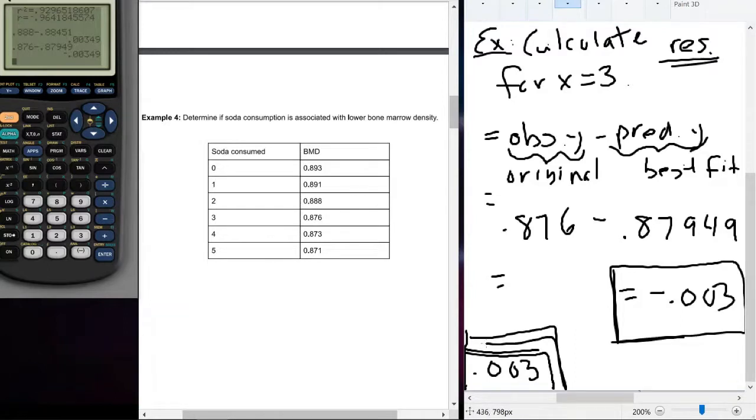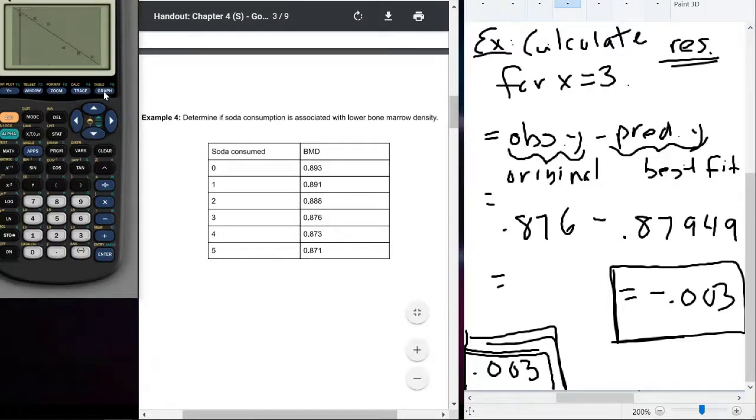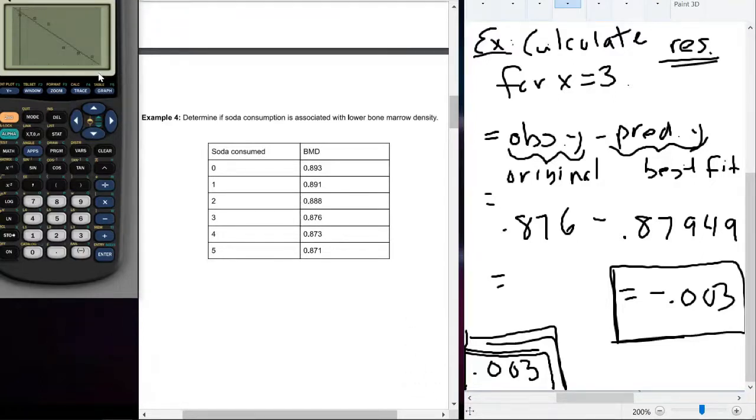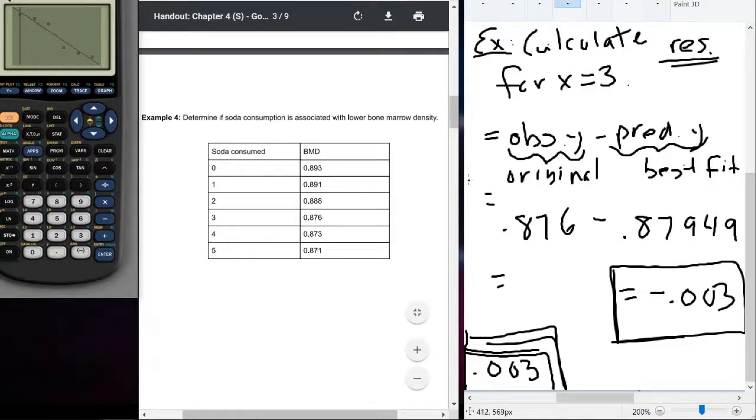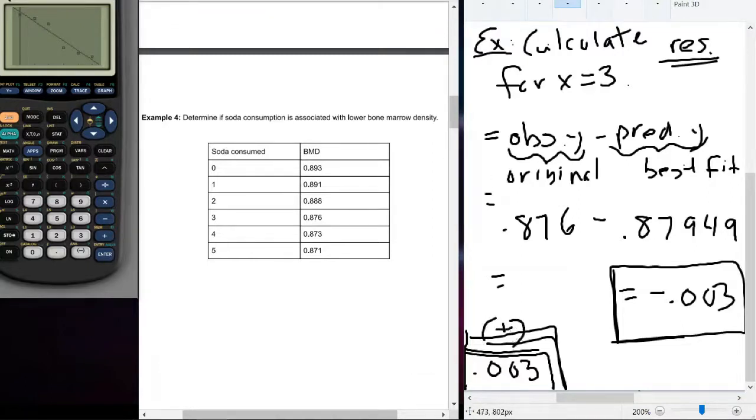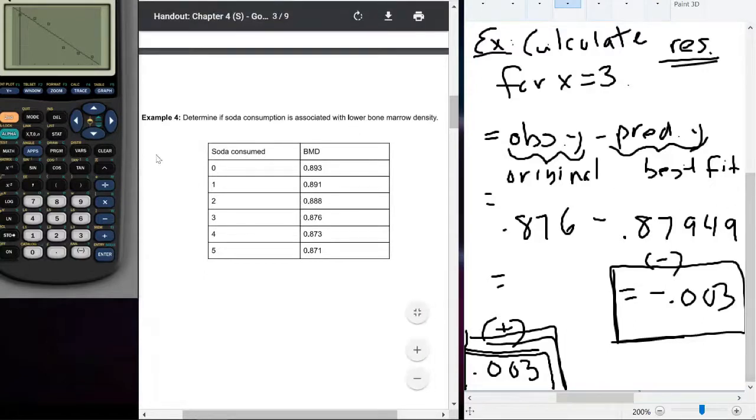So negative, positive, why did that become so? In the graph, it tells you based on the sign where the gap is located between the observed and your best fit. So if you got a positive residual, that means the gap or the error was above your best fit line. If you got a negative residual like we did in the second example, that's because the gap or the error is below.